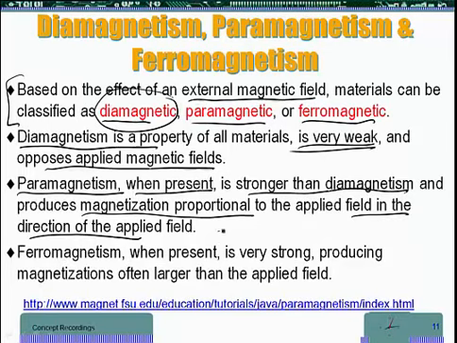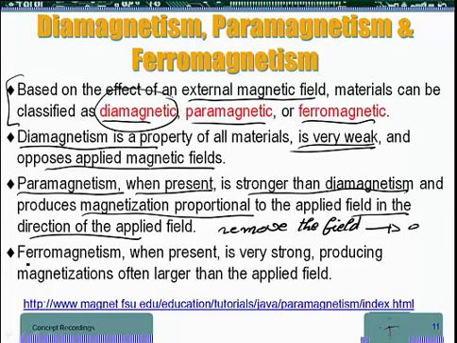However, the minute you remove the field, the magnetization goes to zero. So diamagnetism and paramagnetism are going to be present only when we have an external magnetic field.